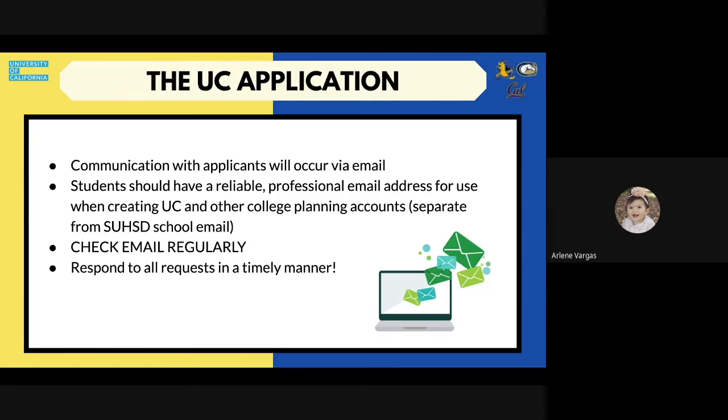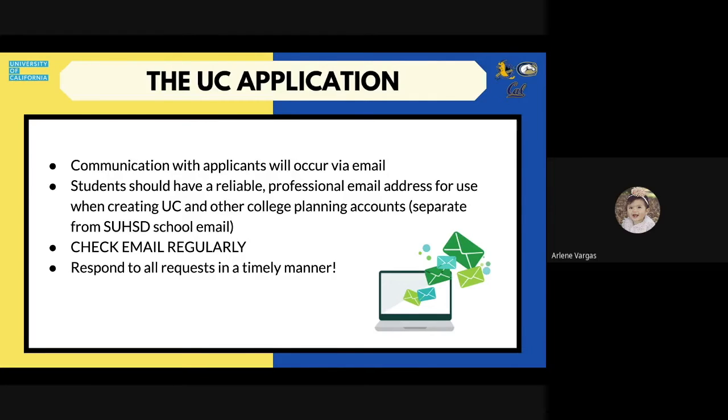It's also important to note that we need you to have a reliable professional email address for use when creating your UC and other college planning accounts that's separate from your student Gmail account for North Salinas High School. This is because if you use your student email account, it is going to become deactivated shortly after graduation.